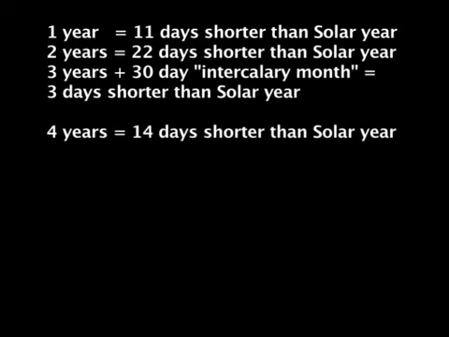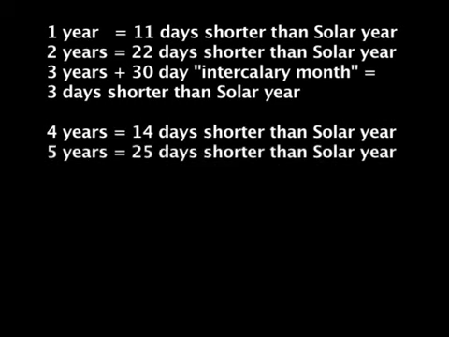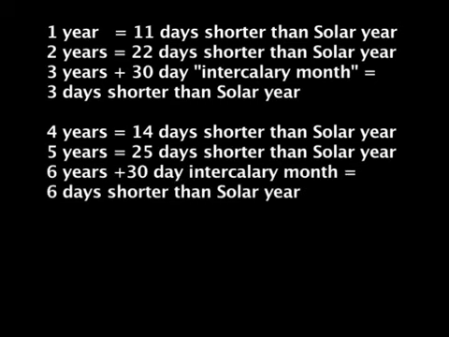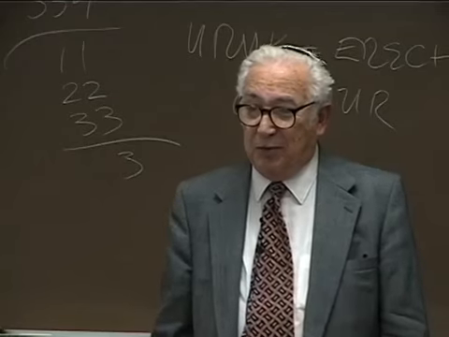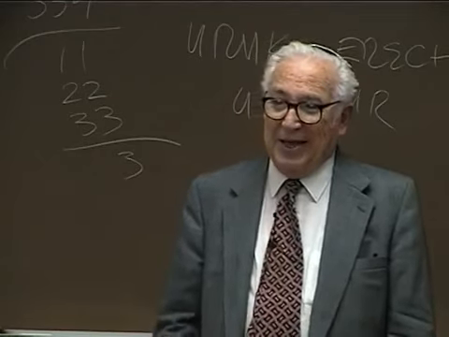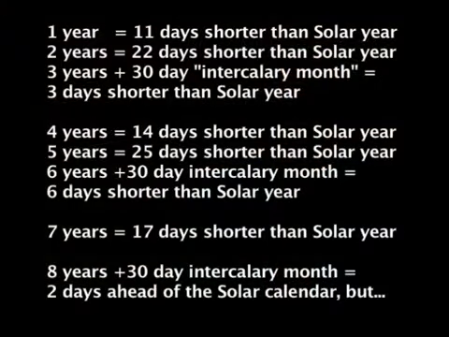Then you have another year. By this time you're 14 days short. Then another one, 25 days short. You add a month in the 6th year, so you're only 6 days short. Still close. Then the next year, you have 6 plus 11, that's 17. 11 and 17, 28, you add a month, you're 2 days ahead.